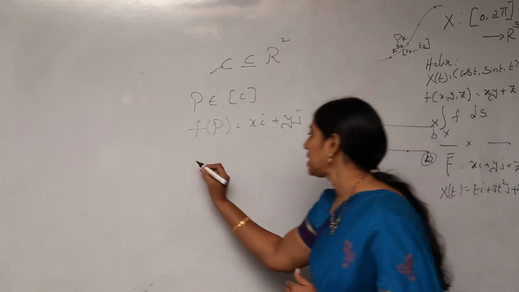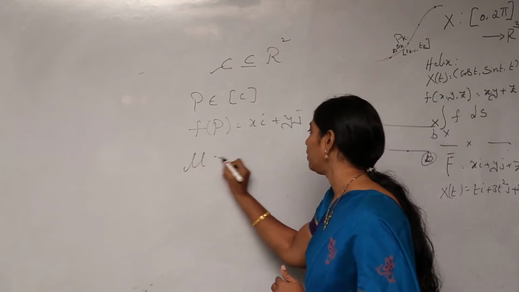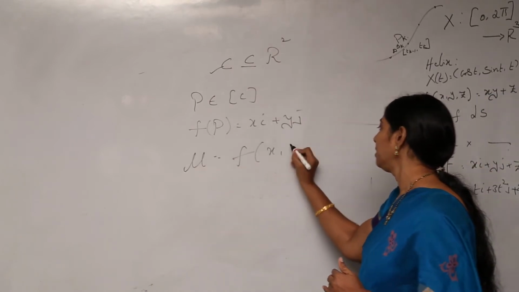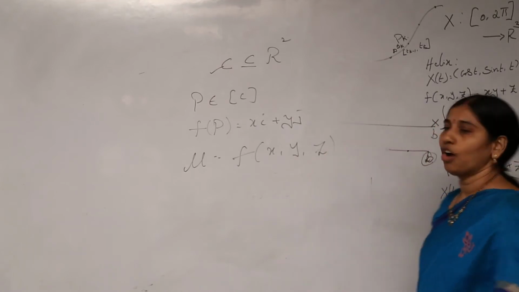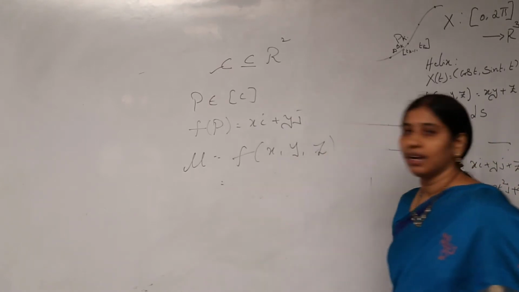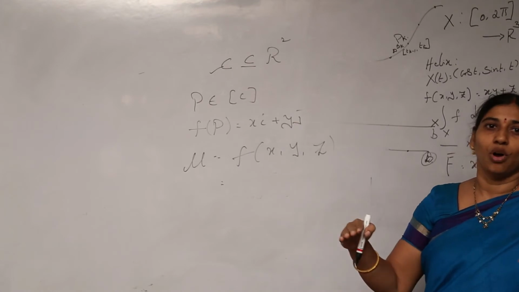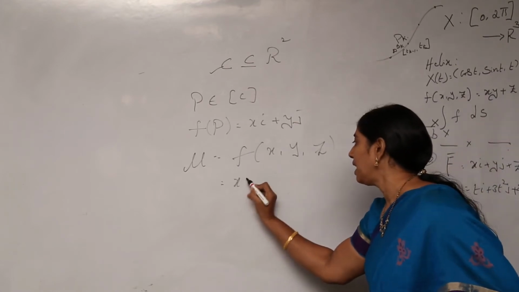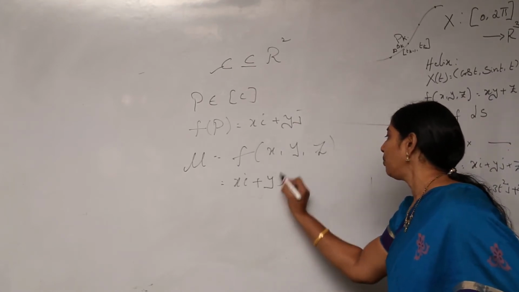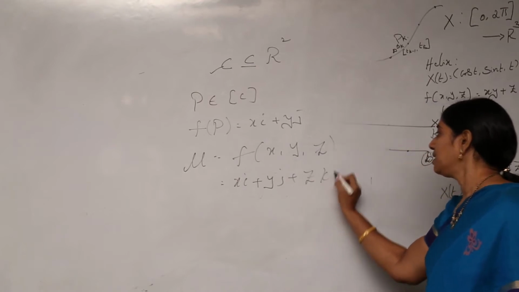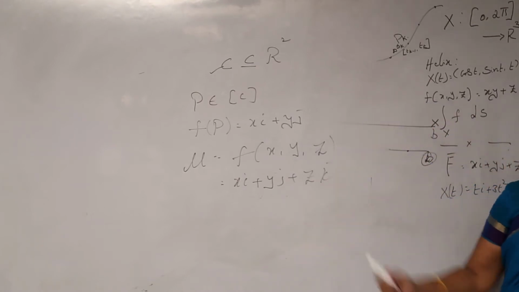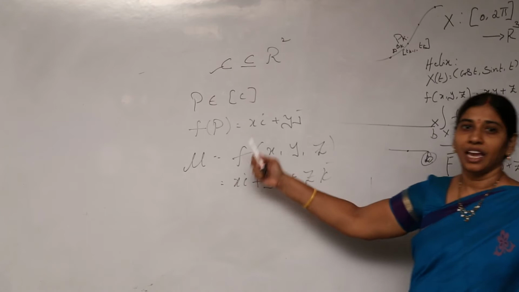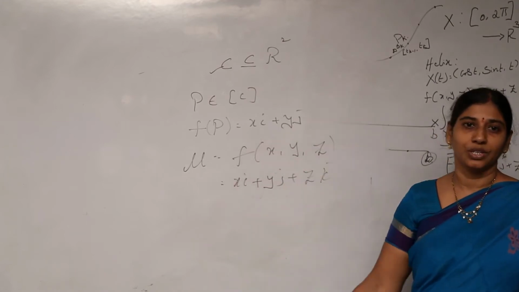Or else, say suppose u = f(x, y, z), or the same thing written in vector terminology, x i + y j + z k. Then I call this a vector valued function.